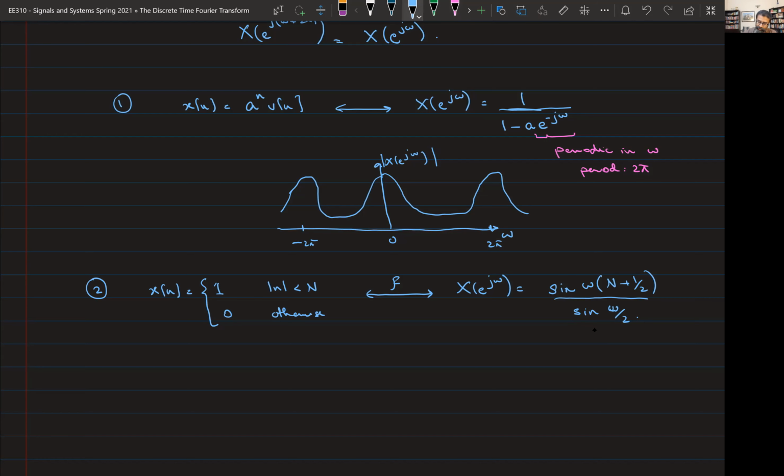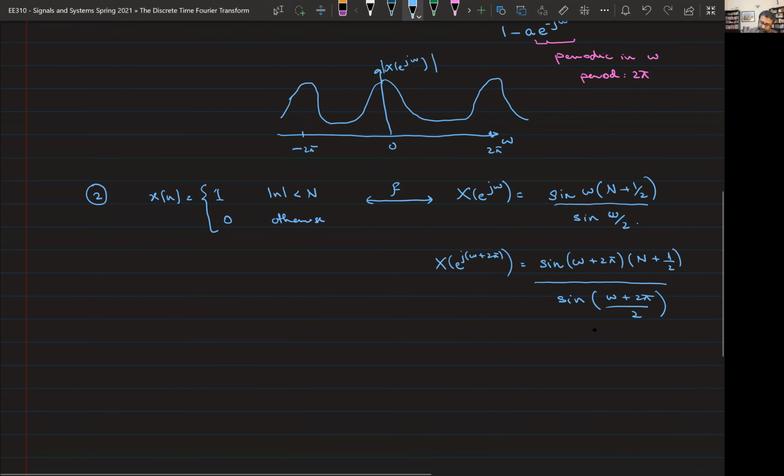So I compute X of e raised to j omega plus 2 pi, and this is sine of omega plus 2 pi times n plus half, divided by sine of omega plus 2 pi, divided by 2. And what do you get here? I can expand this out a little bit, and this is sine of omega times n plus half plus 2 pi n plus 2 pi divided by 2. So this is what I get in the numerator.